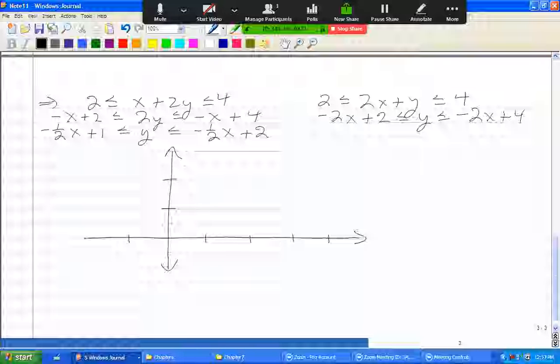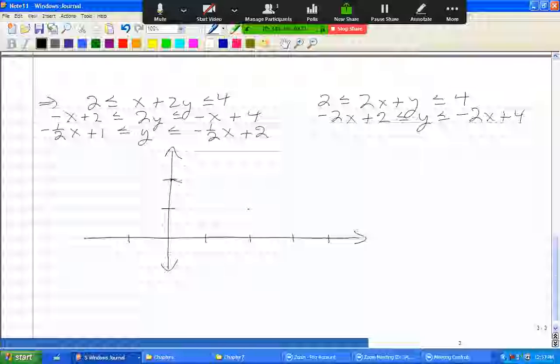Okay, so let's see. At 0, it's 2. At 2, it's 1. Okay.